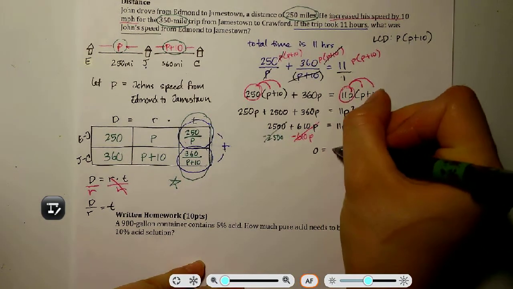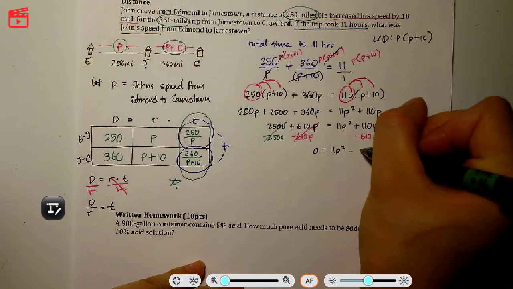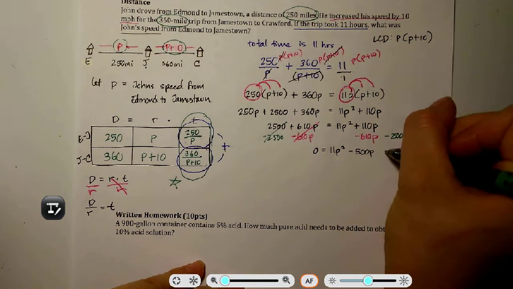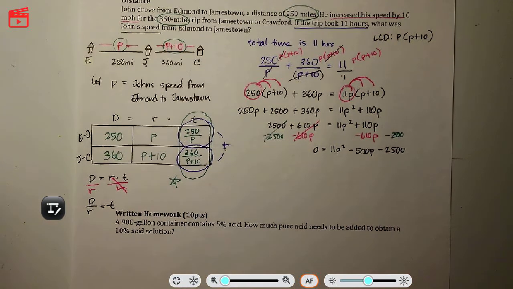We get 0 equals 11P squared minus 500P minus 2,500. Okay, so let's go ahead and bring out some scratch paper, because I want to see if I can factor this instead of using the quadratic formula, because we already did that on one problem. So why not, let's try to factor.